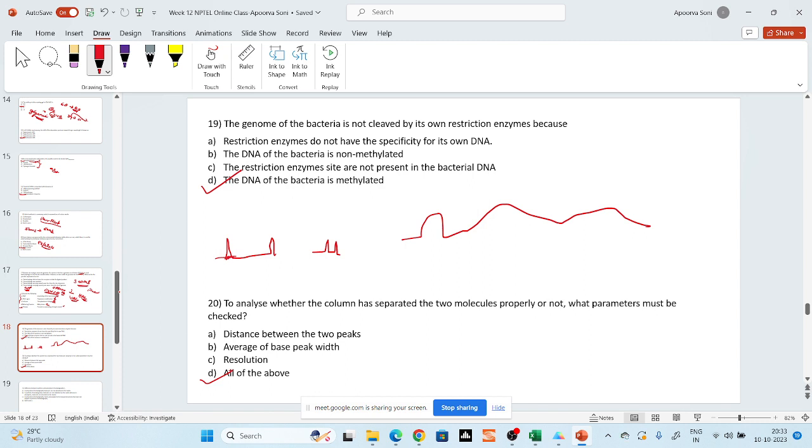If you have peaks like this or like this, these are not two separate peaks, the overlapping is happening, and then also your resolution is not properly determined. So resolution depends upon these two things. Therefore, for analyzing whether the two molecules have separated properly or not, these two parameters are required.